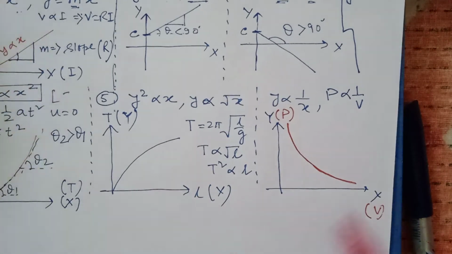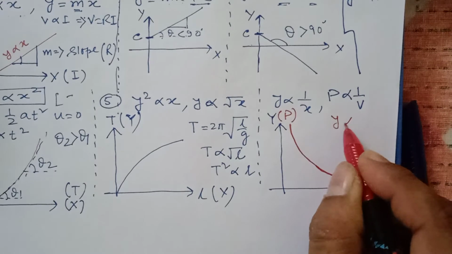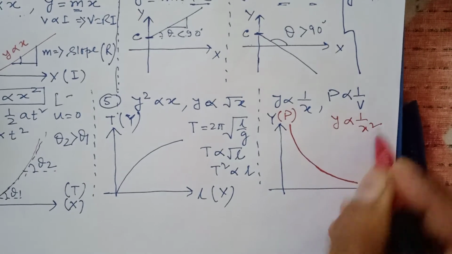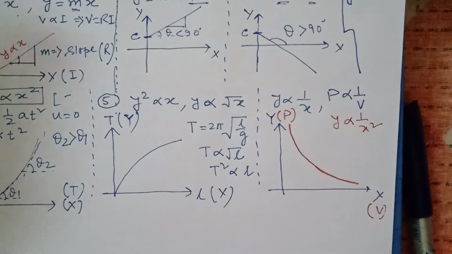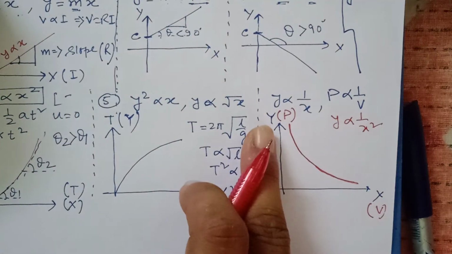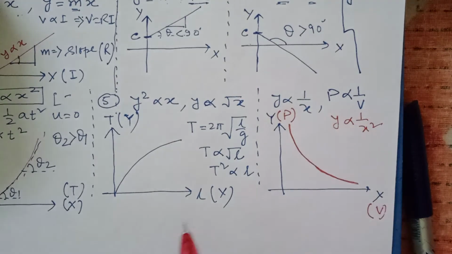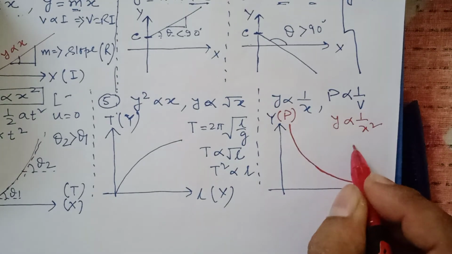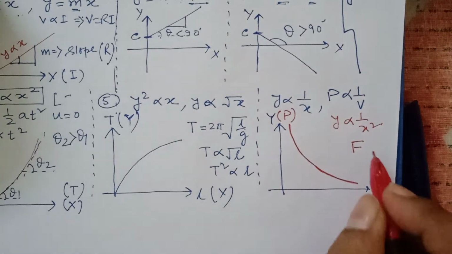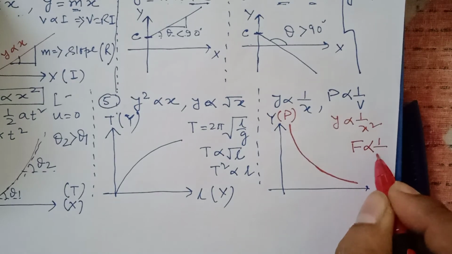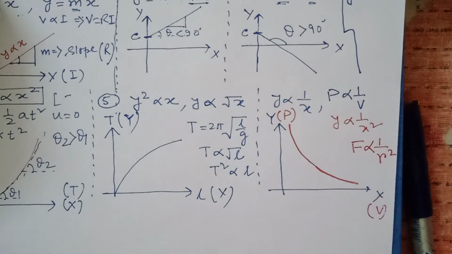Now, students, can you tell me, if y proportional to 1 by x square, then the graph will be steeper. Suppose you draw y, if the relation is y proportional to 1 by x square, like force of gravity is inversely proportional to the square of the distance.